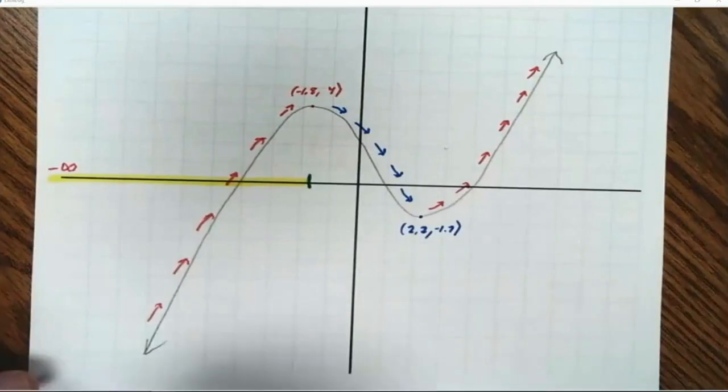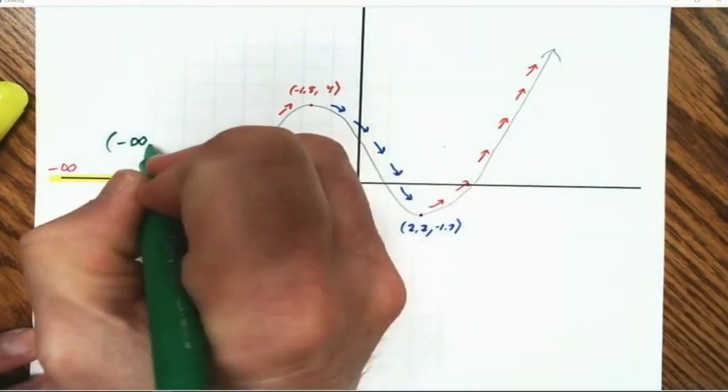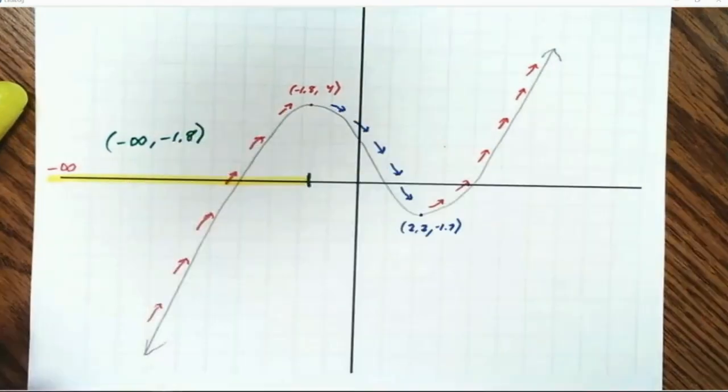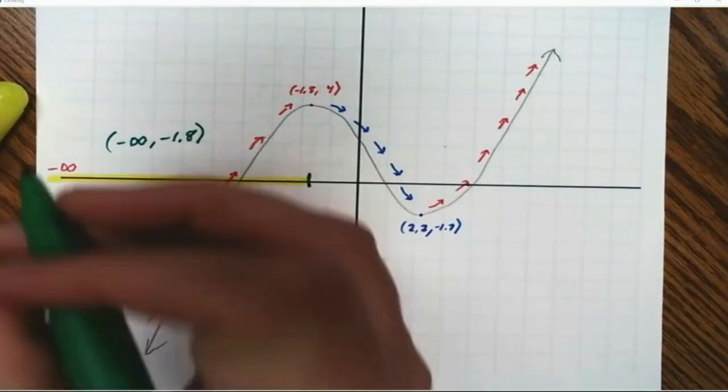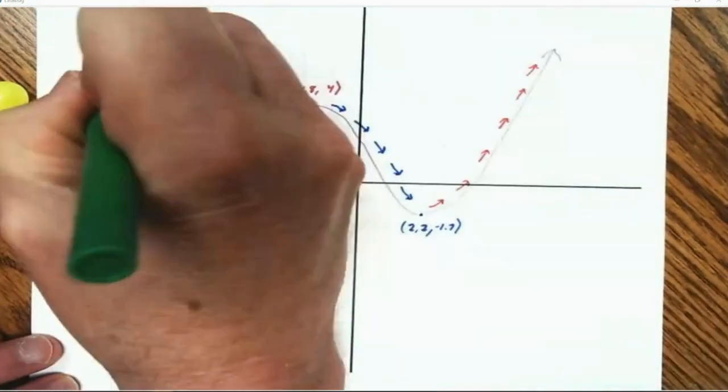So this is increasing from the interval of negative infinity all the way until it gets to negative 1.8. Increasing interval.